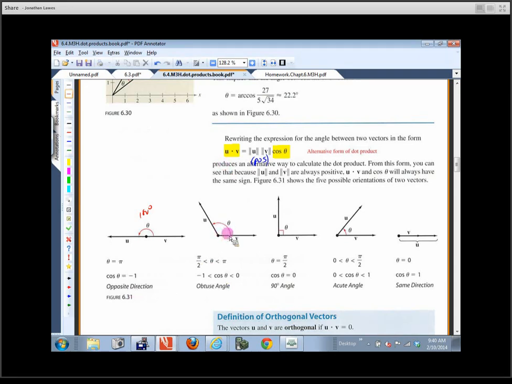All right. Same thing here. If I have an obtuse angle, between pi halves and pi, so that's between 90 and 180 degrees, the cosine is going to be negative. The cosine of that angle right there is going to be negative. So that means the dot product would have to be negative. What does this mean right here?